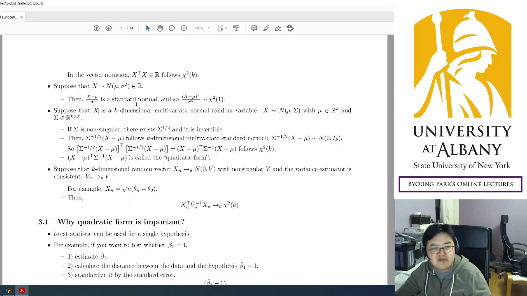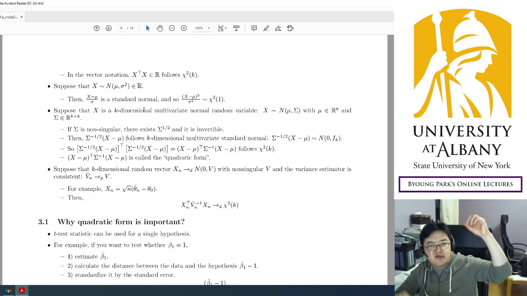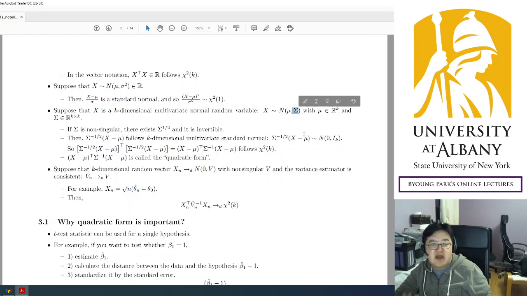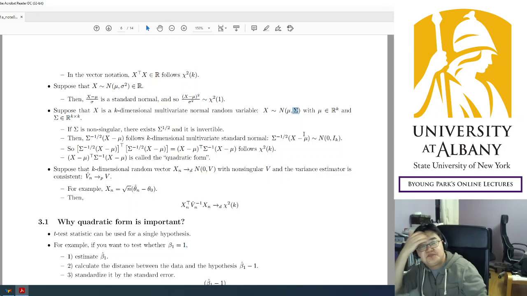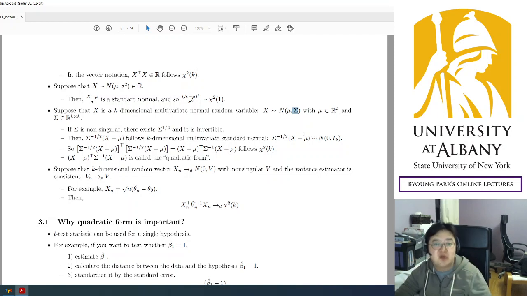I'm not going to prove that here, but if this variance matrix is singular, that means the k random variables have a multicollinearity relationship. So if they are not multicollinear with each other, the variance matrix will always be non-singular, right?